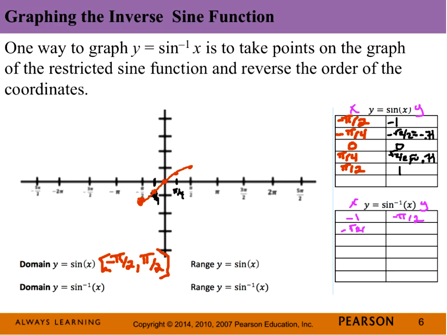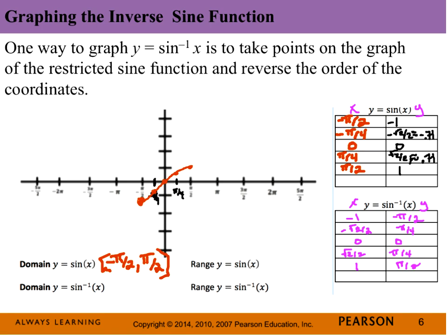So negative 1, negative pi over 2, negative square root 2 over 2 and negative pi over 4, 0, 0, pi over 2, and pi over 4, I'm sorry, square root 2 over 2 and pi over 4, and 1, pi over 2.